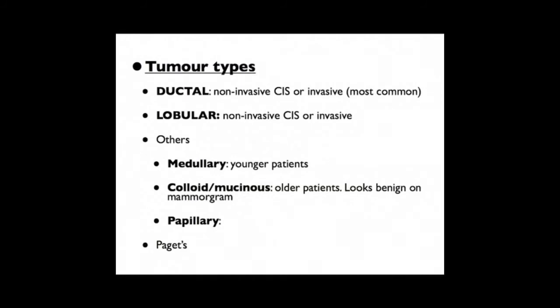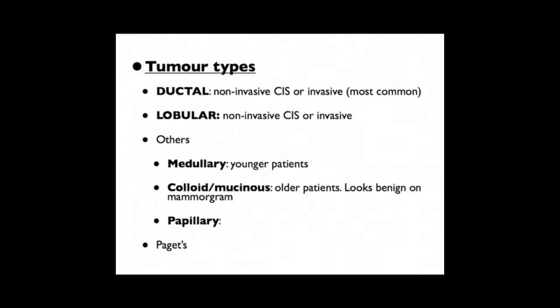Okay, so there are lots of different tumour types. From an epidemiological point of view, the most important ones to be aware of are ductal and lobular. These both go through non-invasive carcinoma in situ phases before they become invasive. Other ones to have at the back of your mind are medullary carcinomas that occur in younger patients, colloid or mucinous tumours that occur in older patients and can look benign on a mammogram, and papillary tumours.